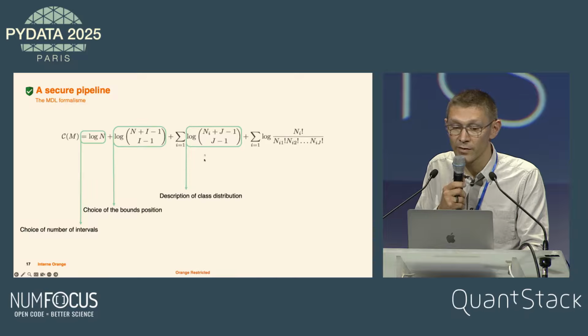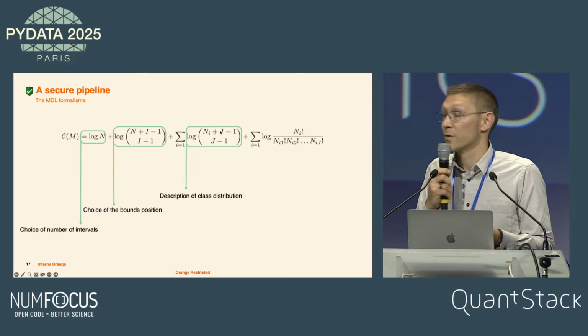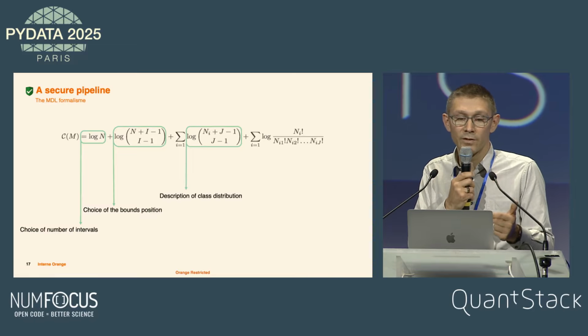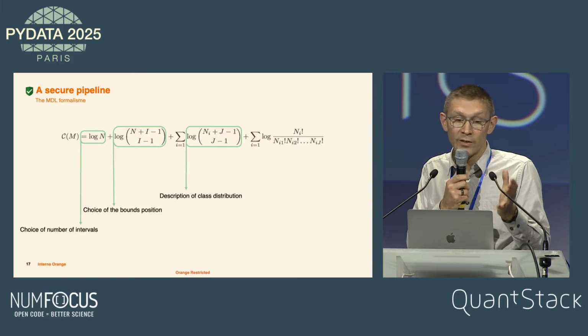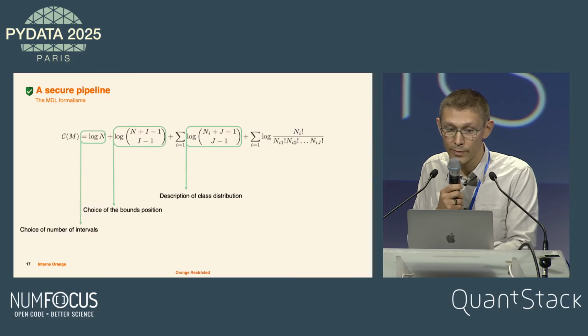And after that, this term enumerates the number of possible ways to describe the distribution of classes within each interval. So we would like to retain that it is hierarchical and uniform, and it is a particular shape.